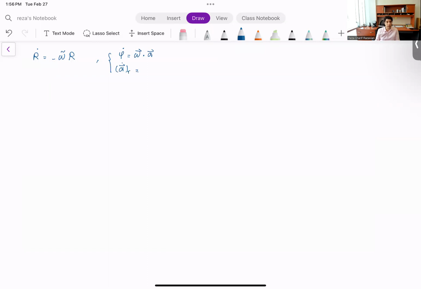What you see when you are sitting with the rotating frame was 1/2 A cross omega minus cotangent of phi over 2 A cross omega. And this was axis angle rates.